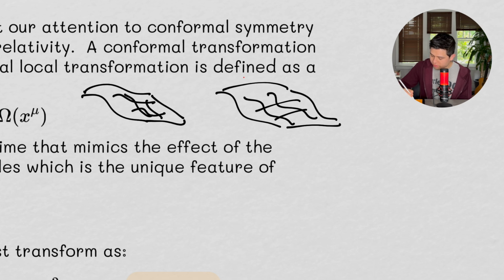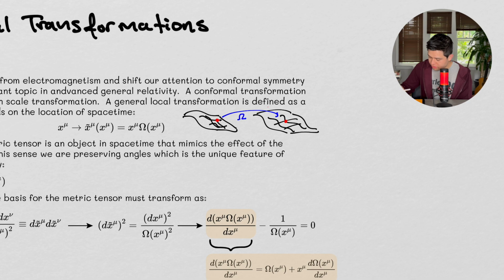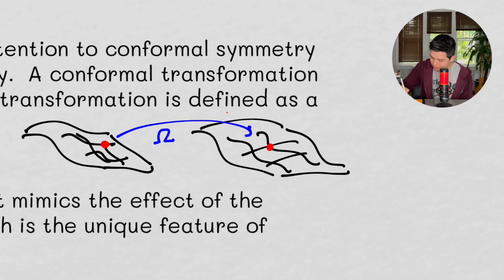Suppose we're at this point. Okay, to get from here to here is a scale transformation, omega. Okay, and omega is a number. So this is a transformation. This is our conformal transformation.